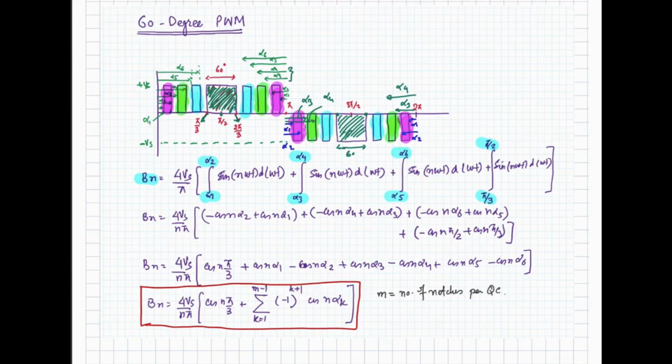So the number of edges or the notches in this is odd, because you can see over here first edge, second edge, third, fourth, fifth, sixth and the seventh edges of the center fixed pulse. So 7 edges in the first quarter cycle, 7 edges in the second quarter cycle and so on.